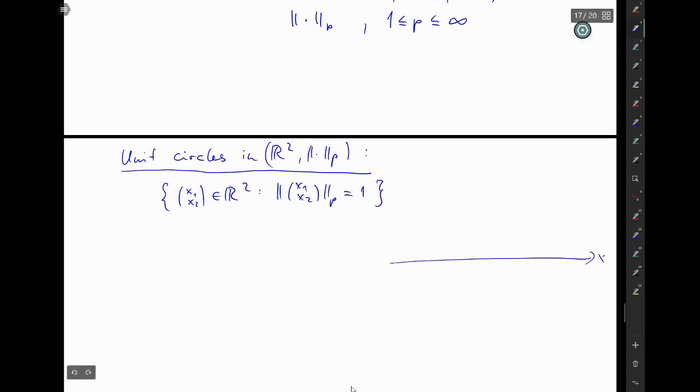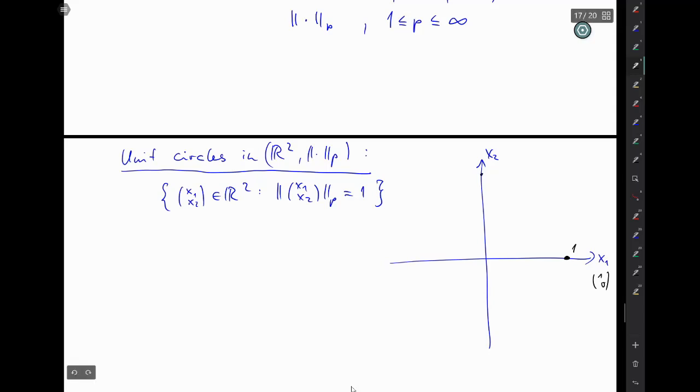So let's try to draw this here. So here's your x1 axis, x2 axis, and the points that will always be part of the unit circle are points like this one, where this is just point 1, because this is just the vector (1, 0), and whatever power p you take, 1 to the power p plus 0 to the power p will always be 1, and then the root is still 1, so this is on the unit circle.